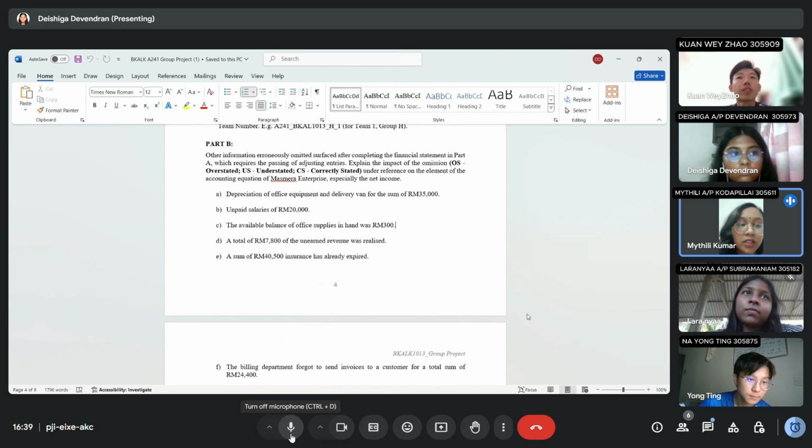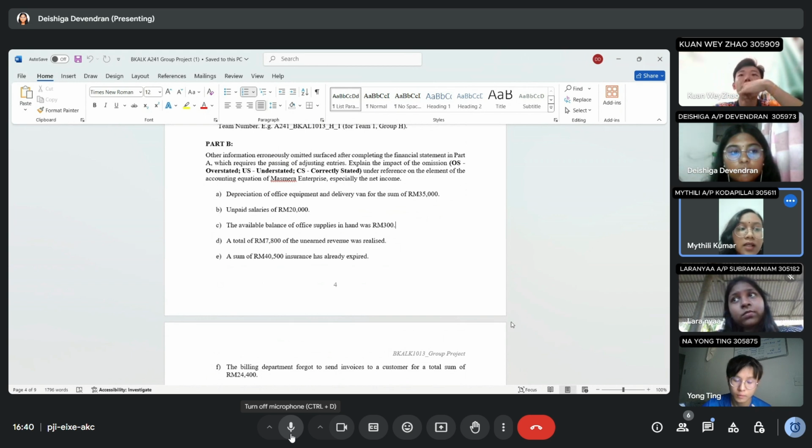Without the depreciation of office equipment and utility rent, the net income is overstated. This is because since expenses are understated, net income is overstated. The assets are also overstated.